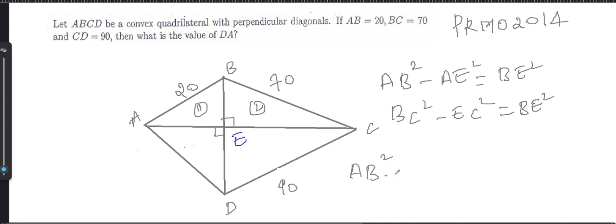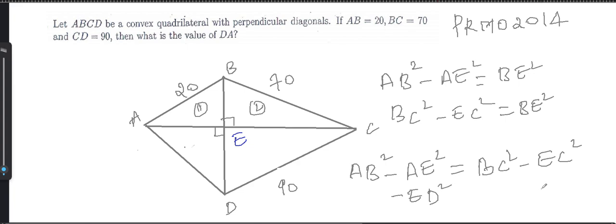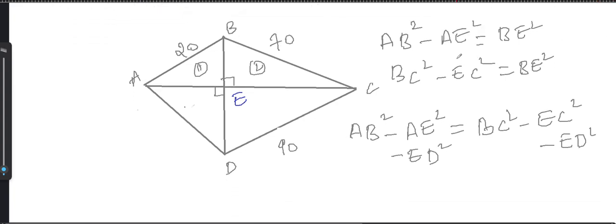AB square minus AE square is equal to BC square minus EC square. Can we put something like ED square on both sides? Let's see what happens. Users can just pause here and observe how we have derived it. So AB square minus AE square minus ED square equals BC square minus EC square minus ED square.